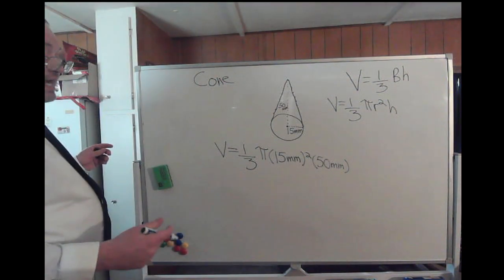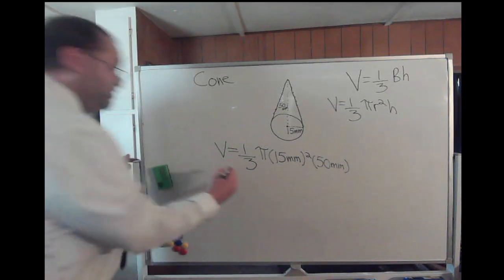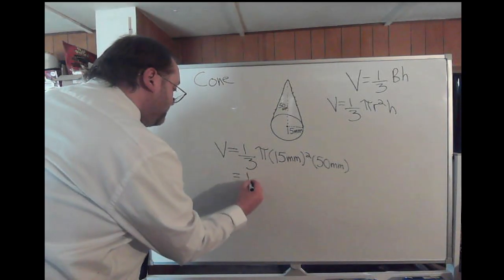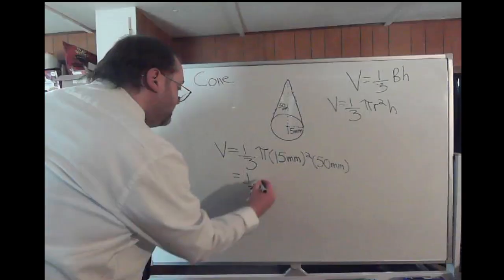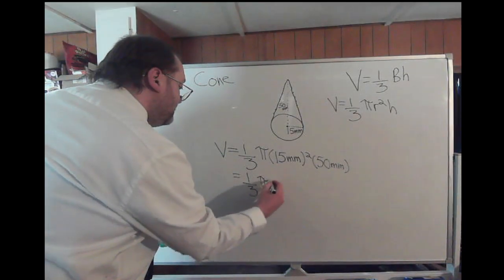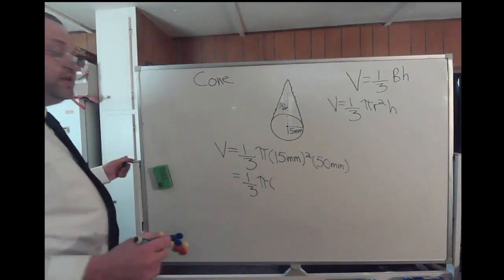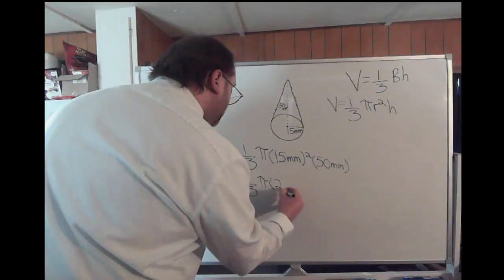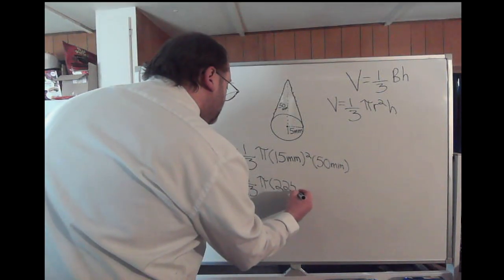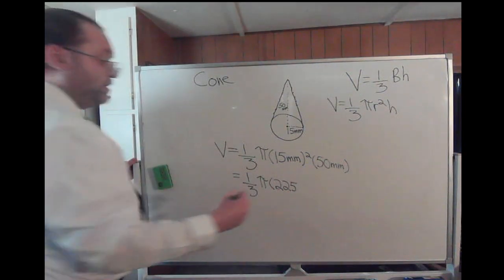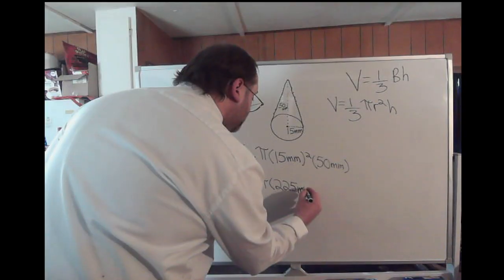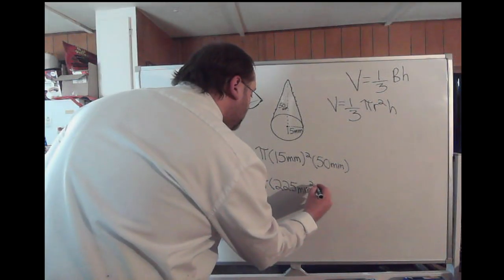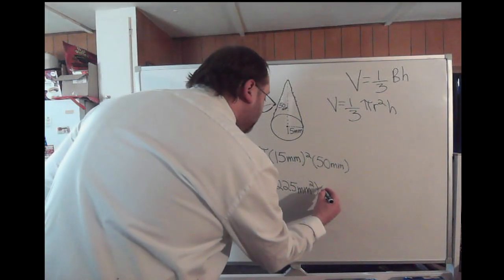Alright, of course, again, order of operations dictates we do the exponent first. So you'll have 1/3 times pi. Now, what is 15 squared? That's 225 millimeters squared, times your height of 50 millimeters.